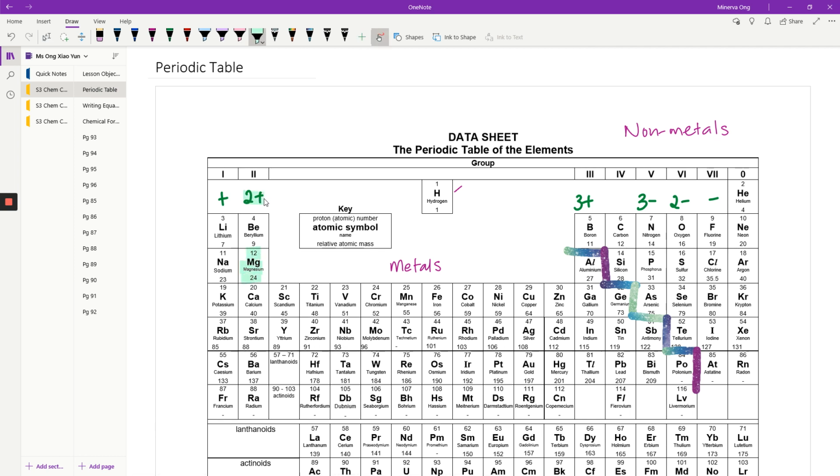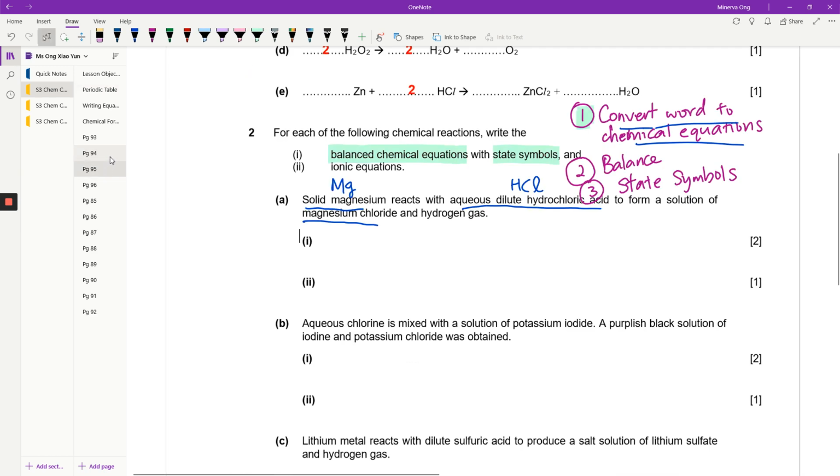Magnesium has a charge of 2 plus. Chlorine has a charge of 1 minus. So let's go back to the question. So Mg, 2 plus. And chlorine, 1 minus.